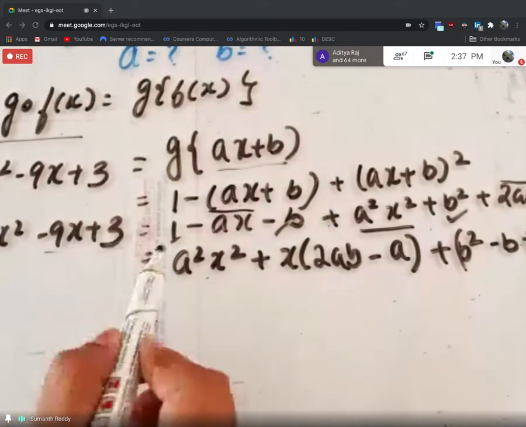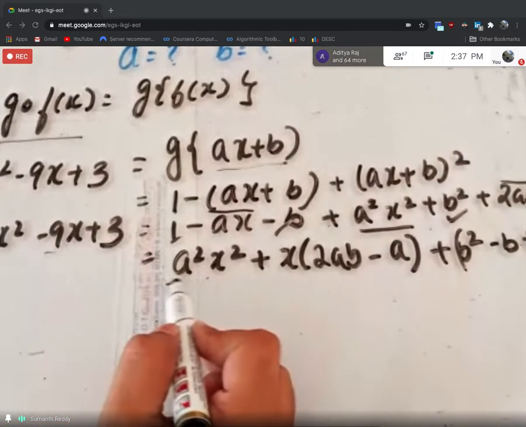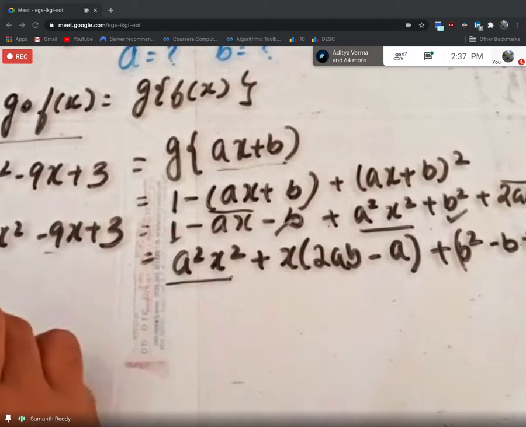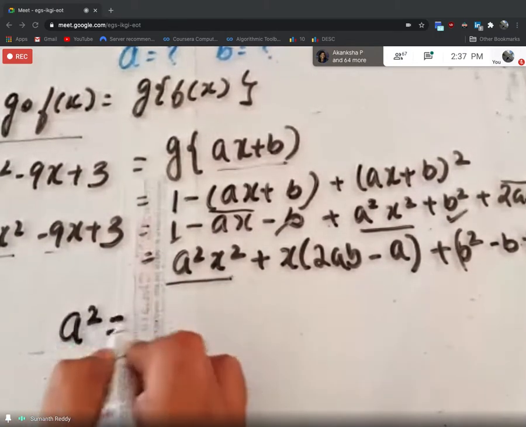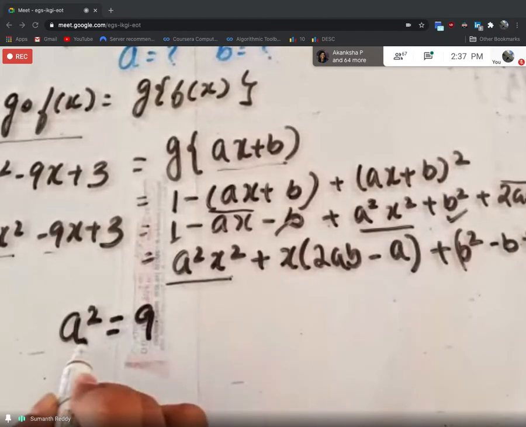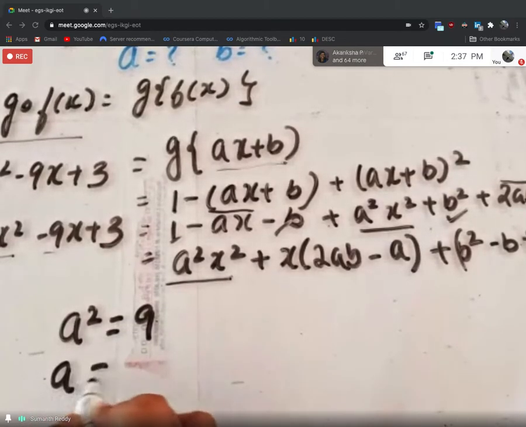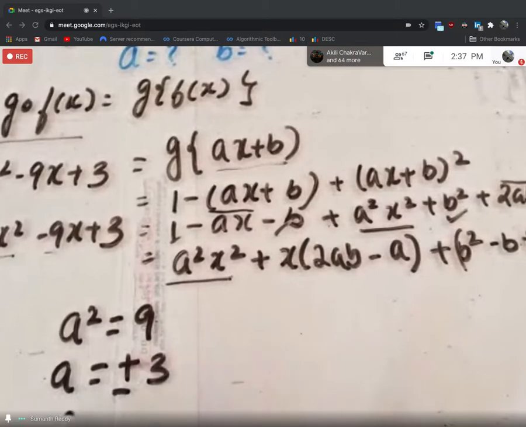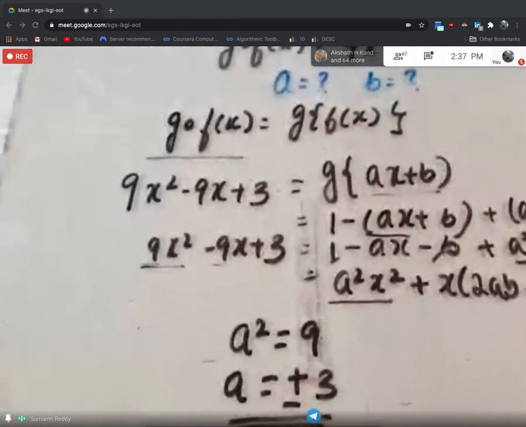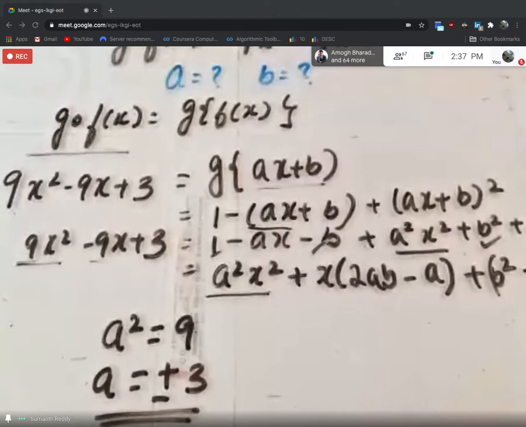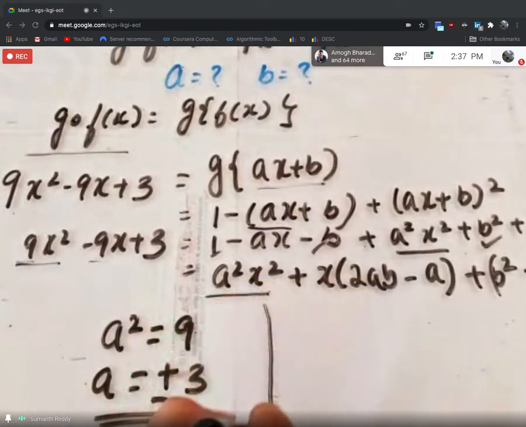I have rewritten it this way so that I can equate these terms. Here I have a square x square and on the other side 9x square, so a square is equal to 9. If a square is equal to 9, then the value of a is plus or minus 3. Now he has also asked for the value of b.